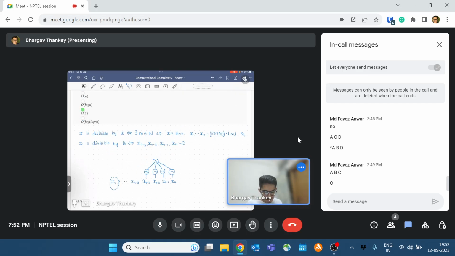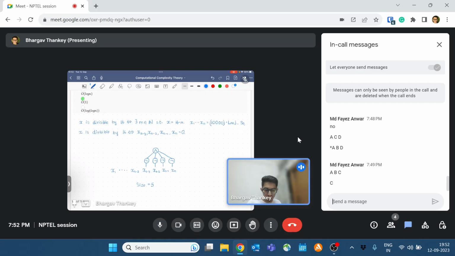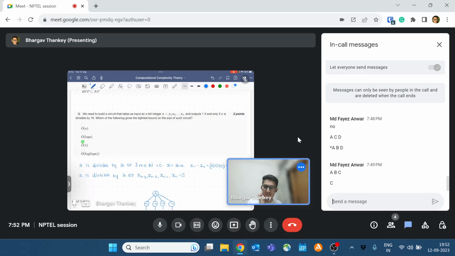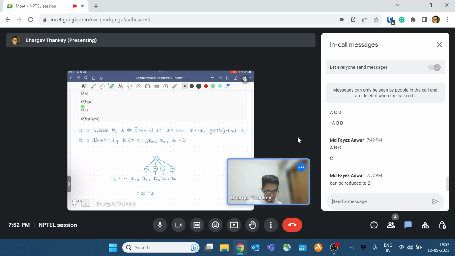So the size is just 5, which is order 1. So option C is correct. Is this fine? You can also reduce this to 2 by using De Morgan's law: take an OR of all these and then NOT it. That would also work.